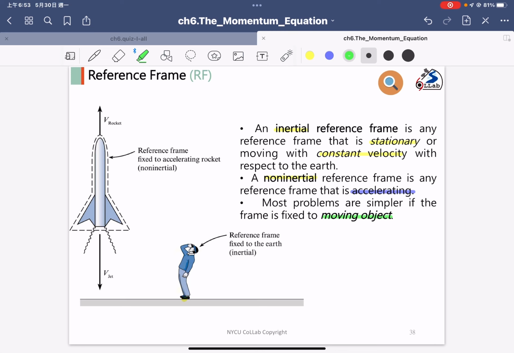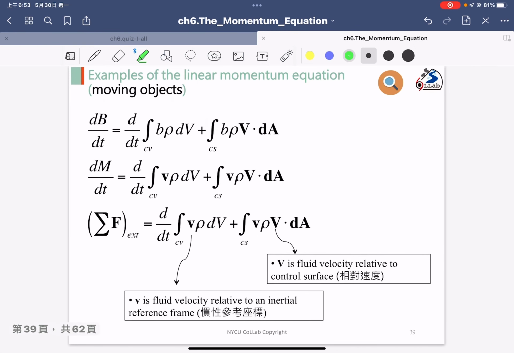Okay. So this slide just emphasizes again, when we discuss the problem with a moving object, we need to take care of the velocity items.